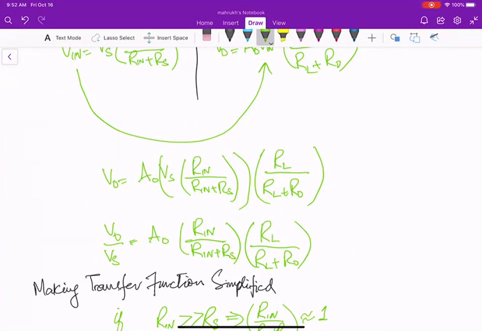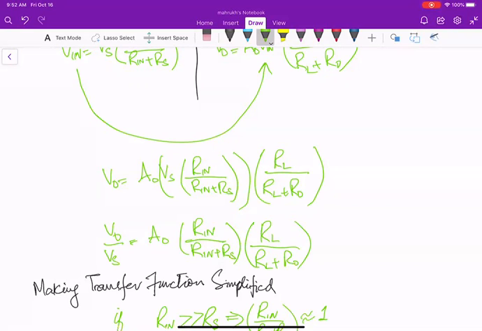That's why we said that R in should be greater than RS, and RL should be greater than R naught, which makes us realize that R naught should be smaller and R in should be greater. Okay, so we need to remember these things.